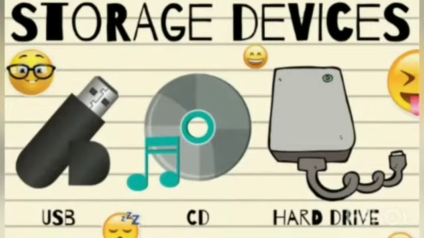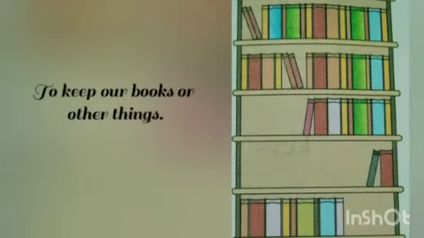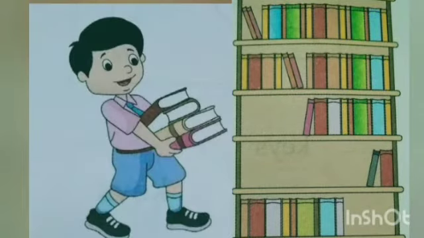Now children, let us first understand what storage devices are. See children, these are the devices which are used to store information. Let me give you an example. Look at this picture. What is this? Yes, this is a shelf. Now why do we use a shelf? Yes, to keep our books or other things. Here this boy is keeping his books in the shelf.